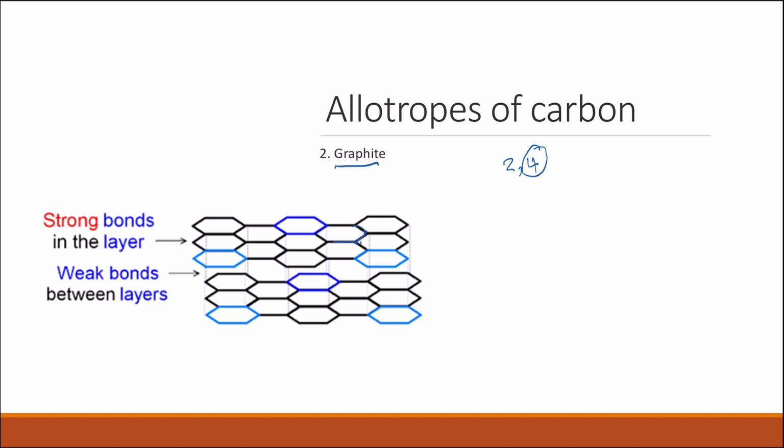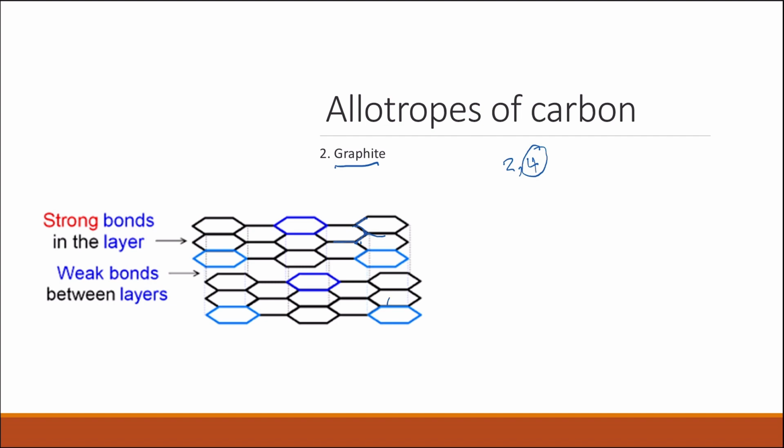They can conduct electricity because of the presence of the delocalized electrons or the free electrons, so they can carry electric charge. There are strong covalent bonds between the atoms in each sheet.